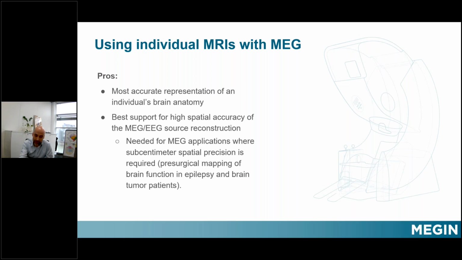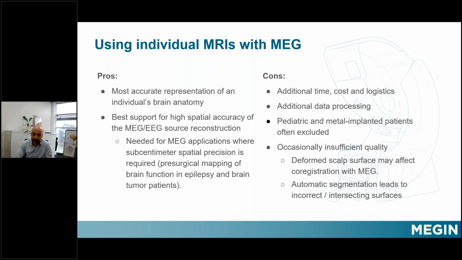But it's not always so easy to get these individual MRIs. Of course, scanning those MRIs will take some time. There is a cost associated with it, and maybe somewhat more difficult logistics than doing just an MEG measurement. It also means additional data processing because these MRIs have to be co-registered, segmented, the segmentation results have to be verified and so forth.